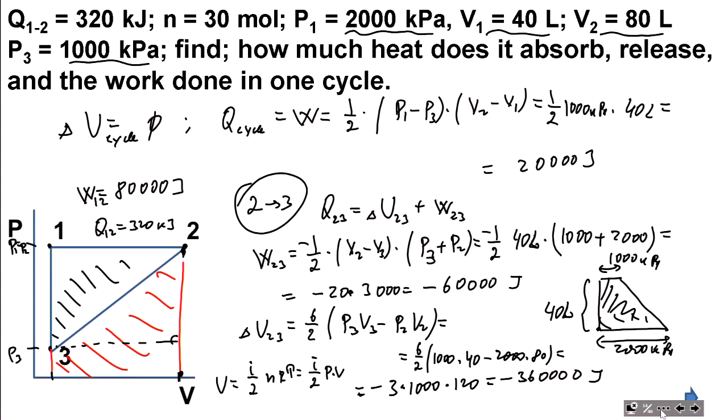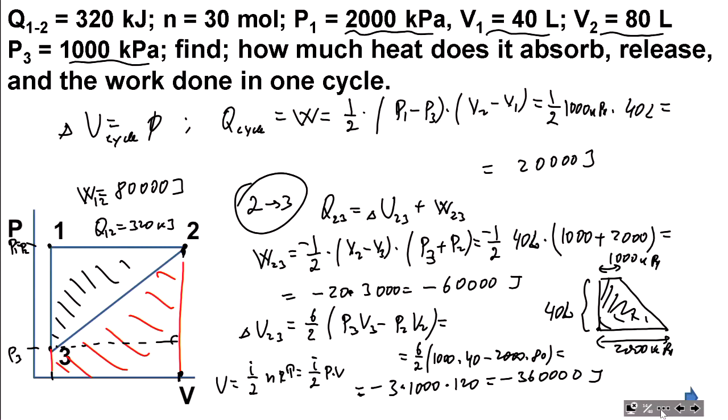In all problems related to gas law or the first law of thermodynamics, we always have more approaches than one. We could have done it differently. We could have used temperature, because we can also calculate each temperature.